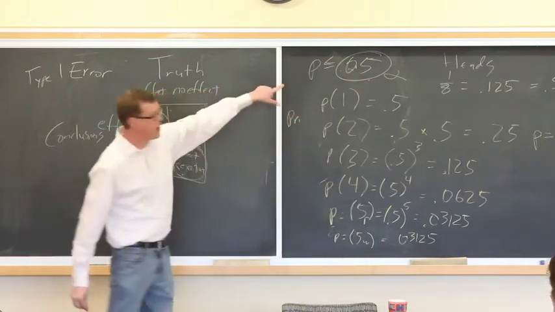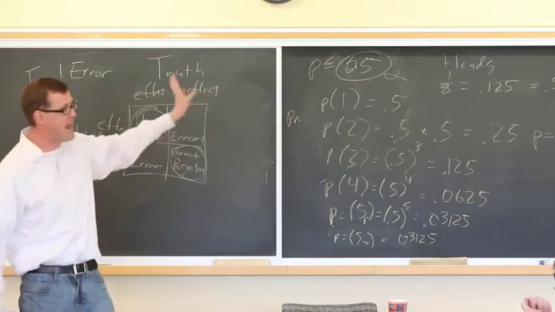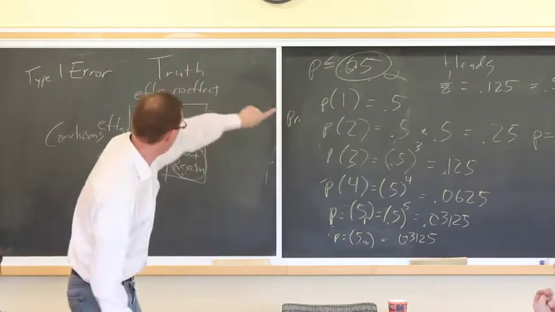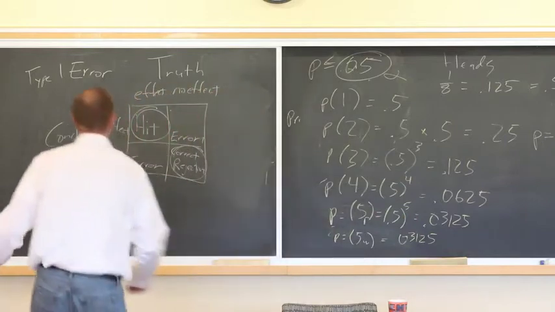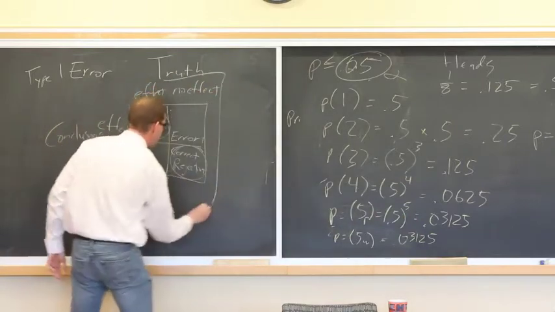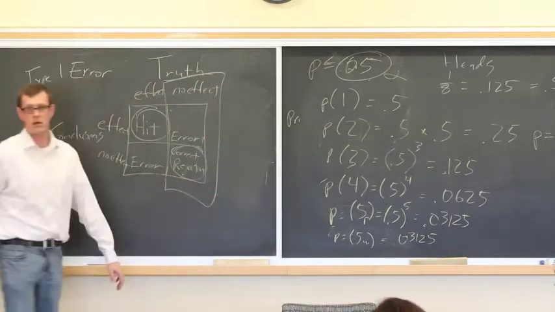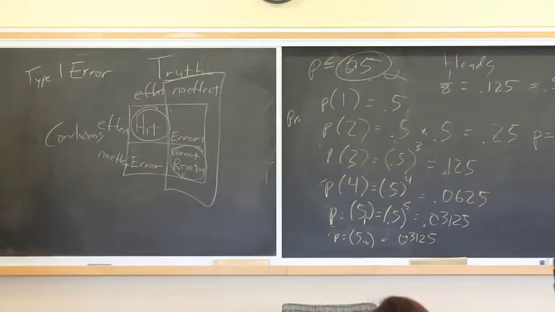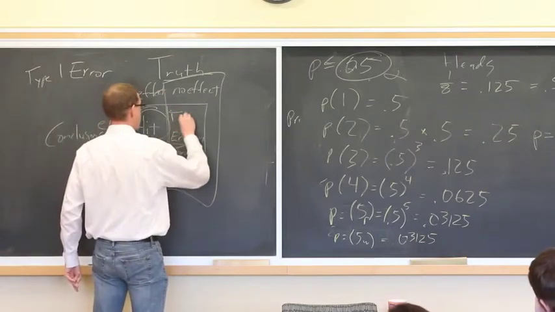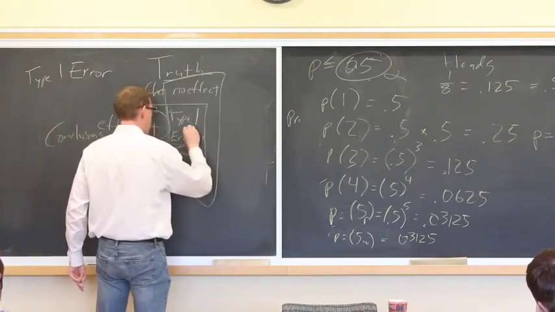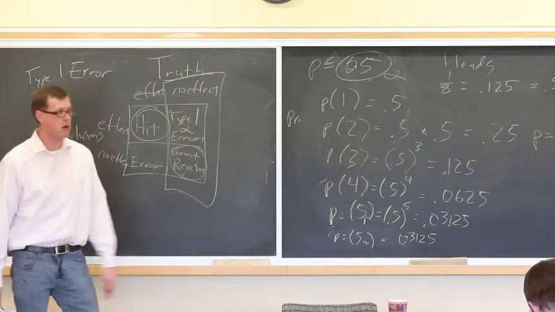If alpha is 0.05, then we are making a mistake. Alpha represents the probability that it's just due to chance, that there is no effect. So what type of error is related to no effect? It's saying that there's an effect when there's no effect. That's a false alarm. So this is our type 1, or our alpha error.